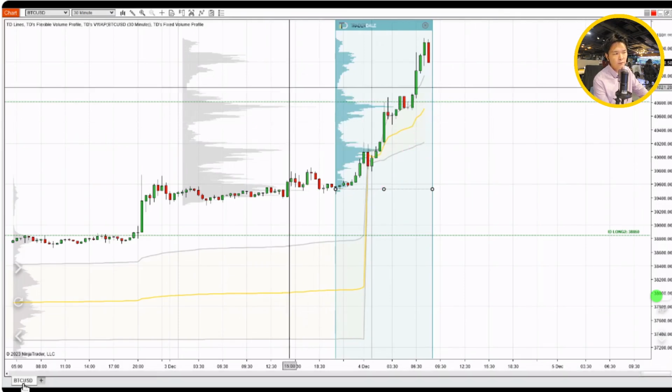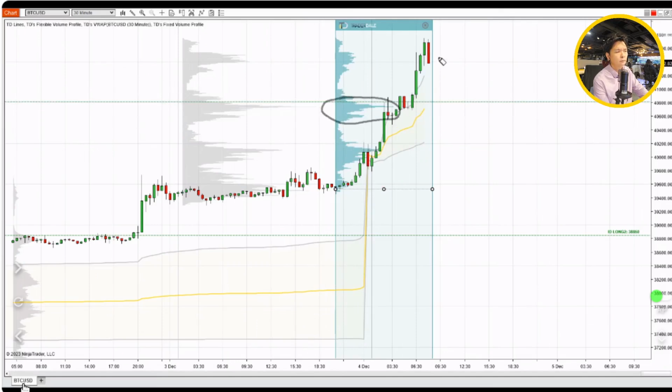The closest heavy volume cluster is currently this one. I mean closest to the current price. So this is where the price is likely to react if it retraces to that level.